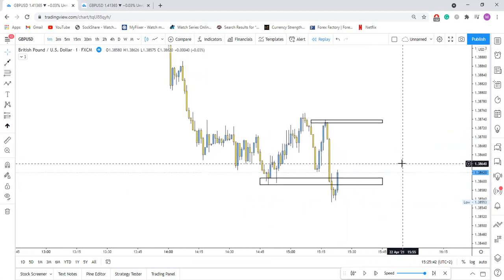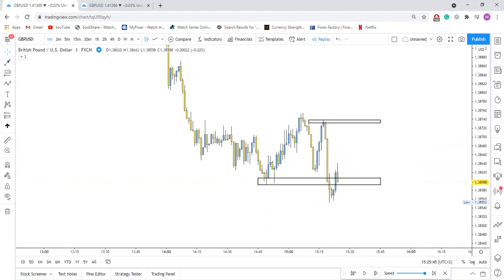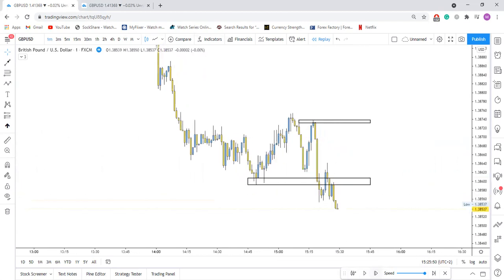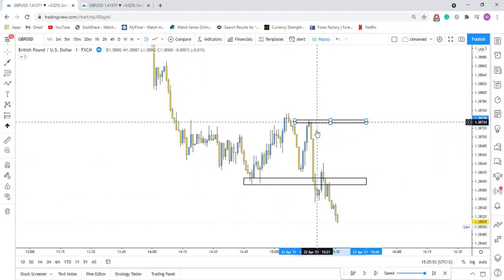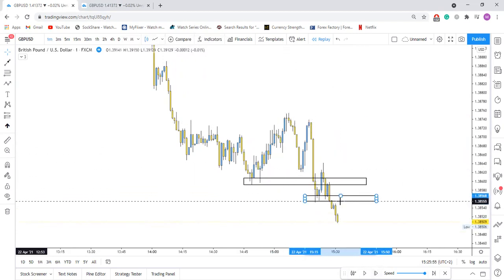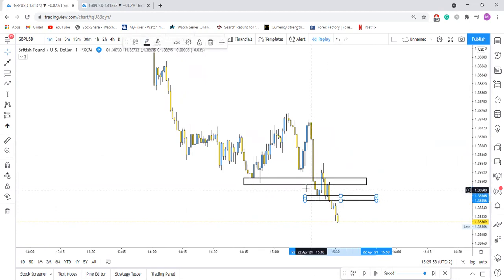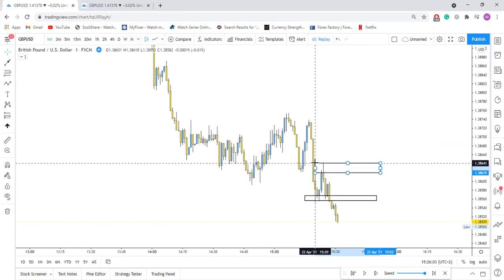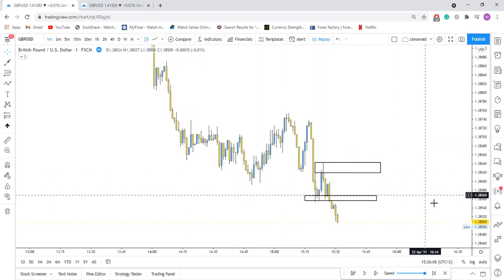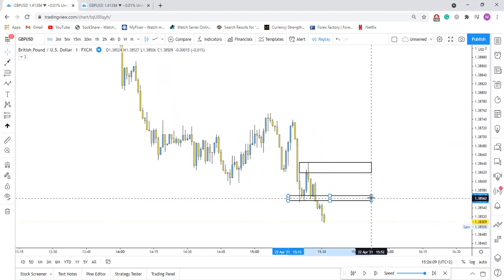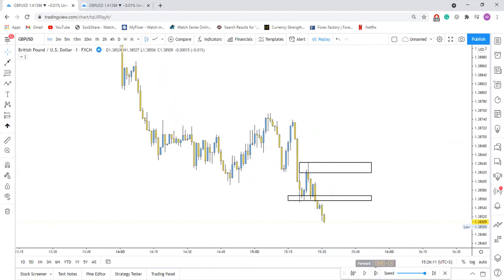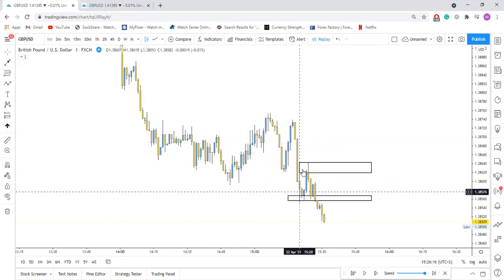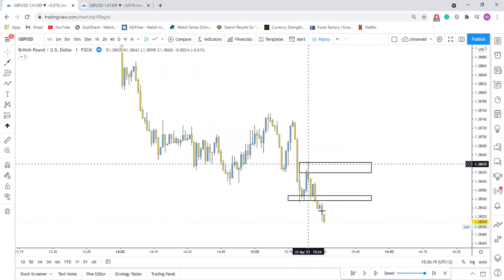Okay. Adjust this. So we had consolidation, break out of the consolidation, break back into the consolidation.